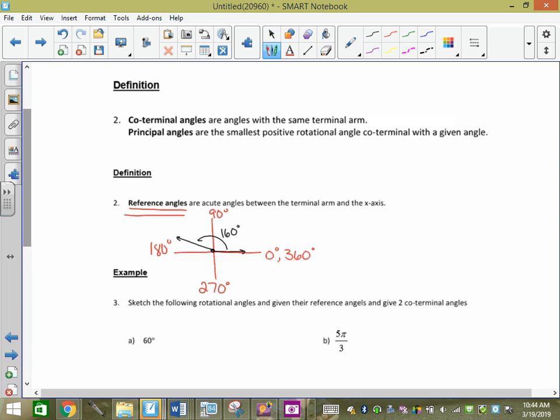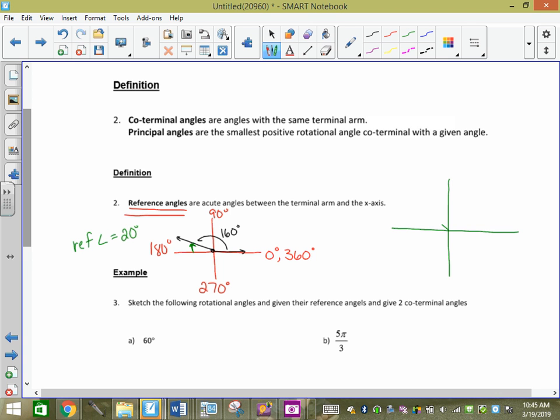My reference angle is always the little angle that falls between my terminal arm and the x-axis. So this one would be a reference angle of 20 degrees, because this little green angle is 20. I always say that the reference angles are just the little bow tie angles.